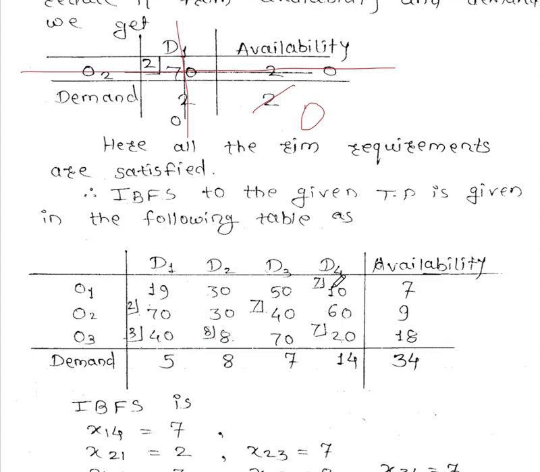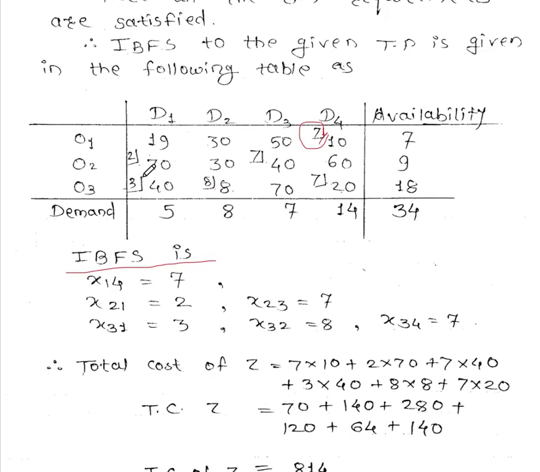From this final table, we can find the initial basic feasible solution. The initial basic feasible solution of this given transportation table is: x14 means this 7, so x14 is 7, then x21 is 2, then x23 is 7, then x31 is 3, then x32 is 8, then x34 is 7.